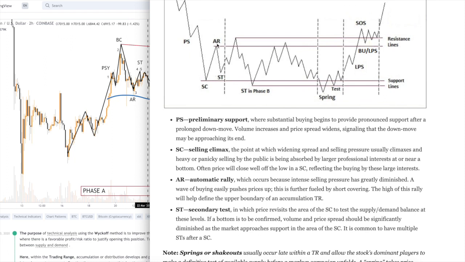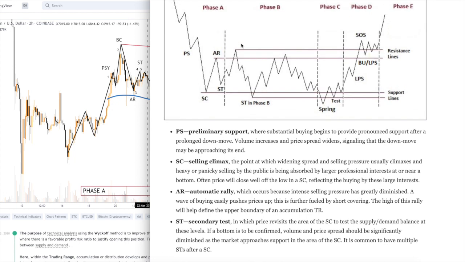So this is the pump, then it tests, it beats the test, and now it goes back up. And then you have your resistance line. This was initially at the preliminary support. So it bounces back down, and now we are back into the secondary test. This is going to go a little bit lower than your selling climax in some cases, or in some cases it may test it and bounce back off.